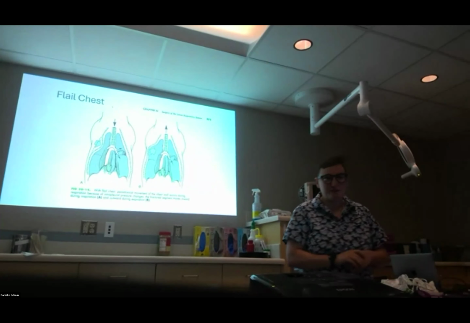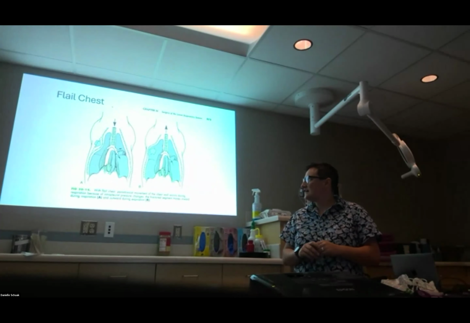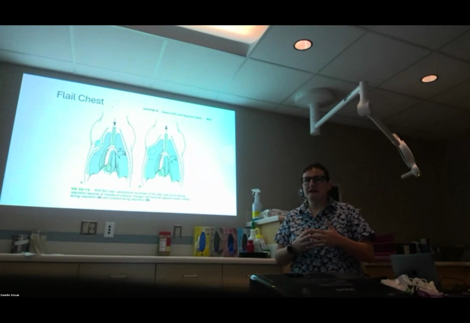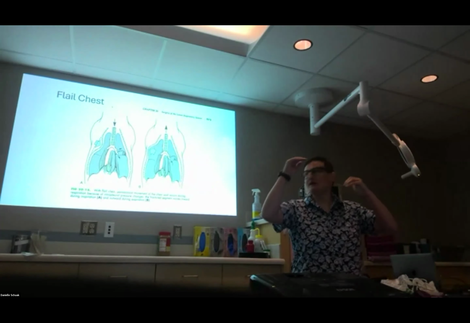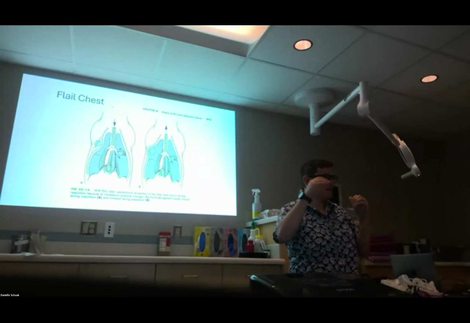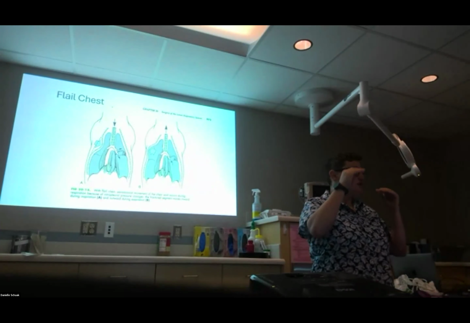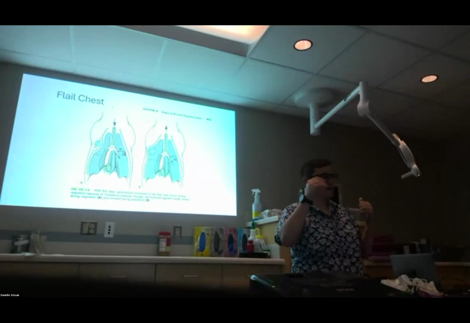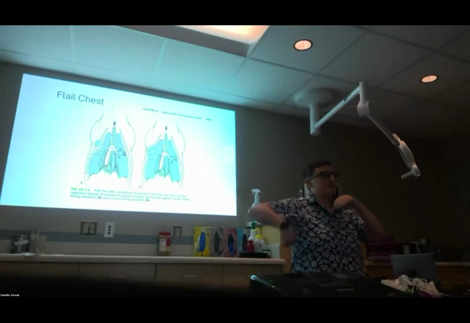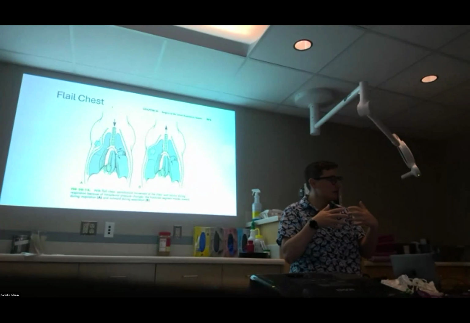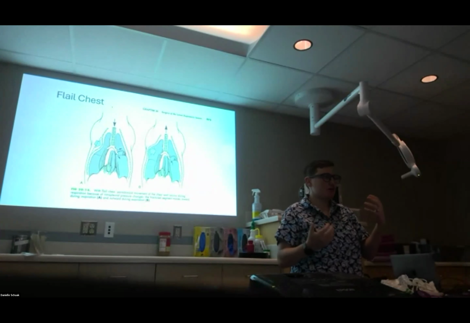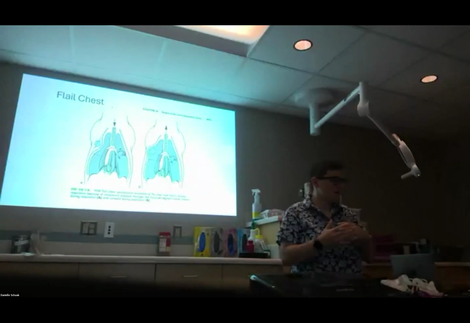And then there's a really special one called flail chest, which is paradoxical because the rib cage itself is discontinuous. So you have to have a fracture of the ribs, of several ribs, both at the top of the ribs and the bottom of the ribs, so that they are no longer in communication with each other. You could also have a really large rent in one of the muscles in that area.